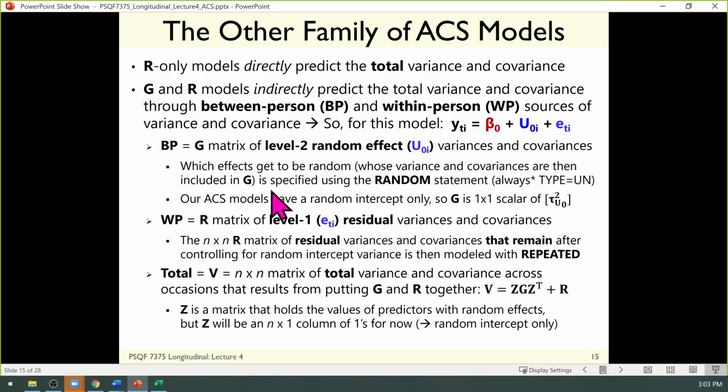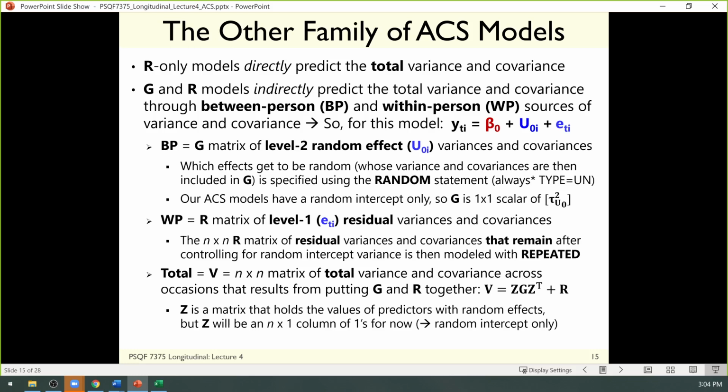So to pull this off, we need to have some more letters. So adding to your vocabulary list, G. The G matrix is a new place, we haven't seen it yet, that is going to hold the random effect variances and covariances from our model. Right now we have one, just an intercept. So G is a matrix that holds one thing in it, a scalar.